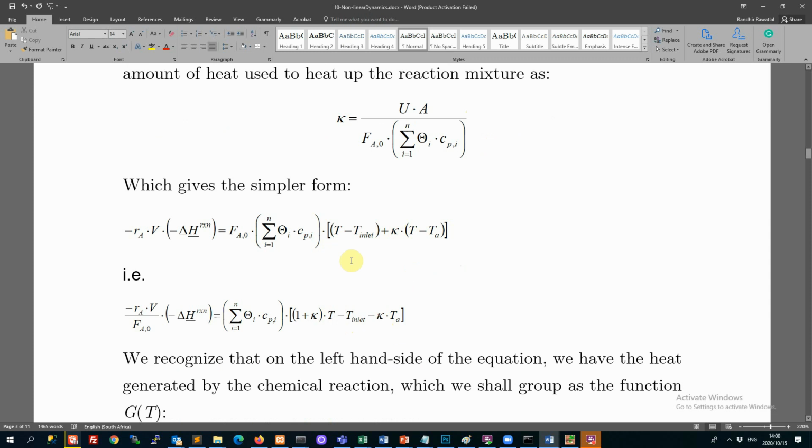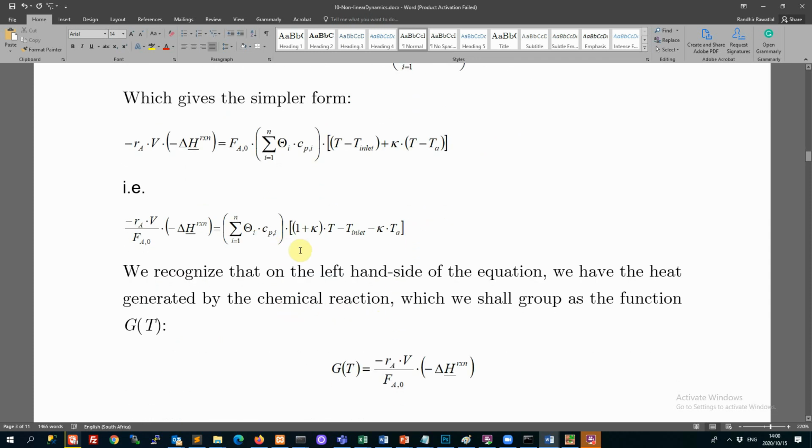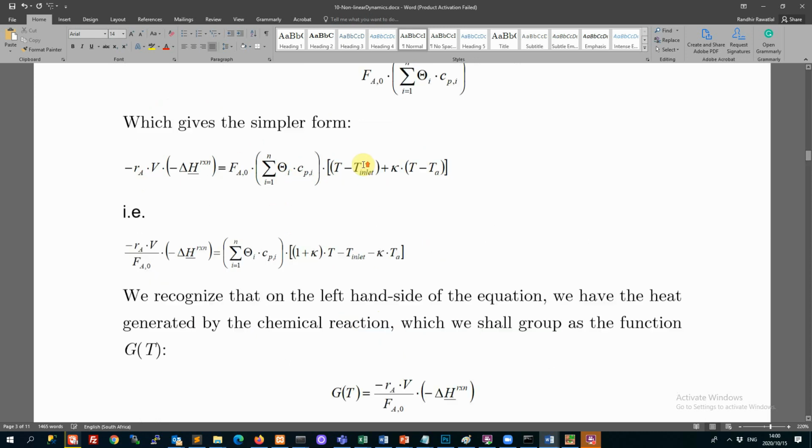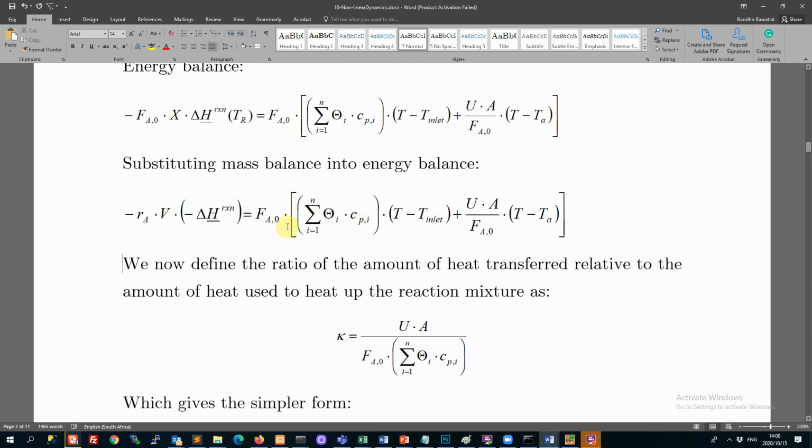So you've got temperature in both terms here, so you can group out for temperature instead. And it's saying here we recognize the left hand side has this heat of reaction part. The right hand side has more to do with our supply of heating to the system.